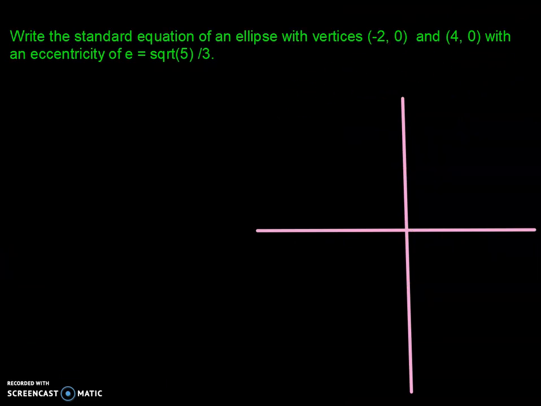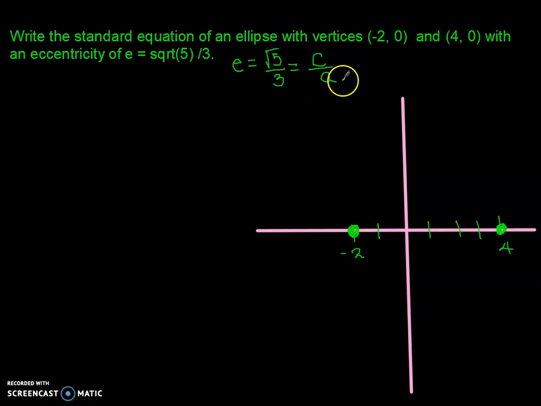So I'm just going to graph these given vertices. Negative 2, 0 and 4, 0 are the vertices. There's an eccentricity of square root of 5 over 3, which remember is the formula c over a for eccentricity.